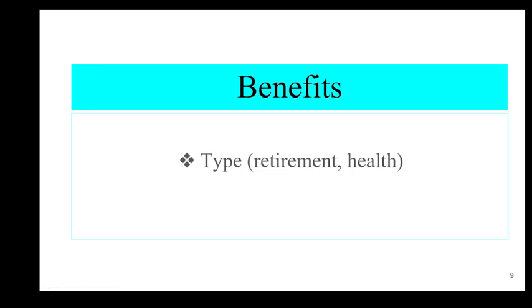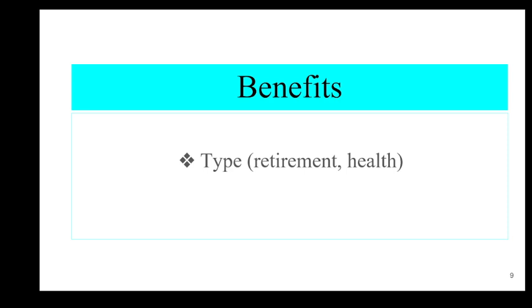The next, we have benefits. For example, we can have benefit type. Like for example, in retirement plan, we have retirement, and in the health sector, we have something like insurance cover. So those are benefits.